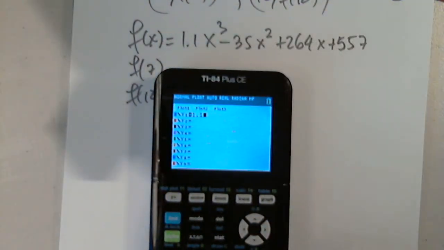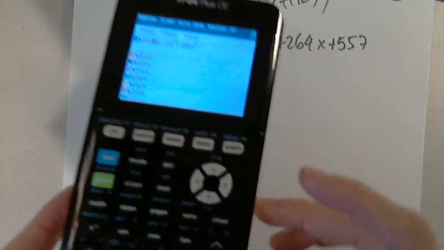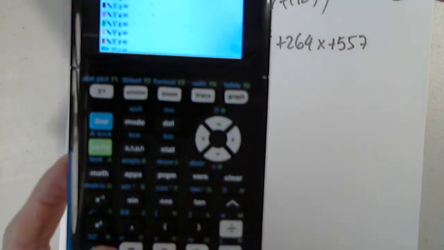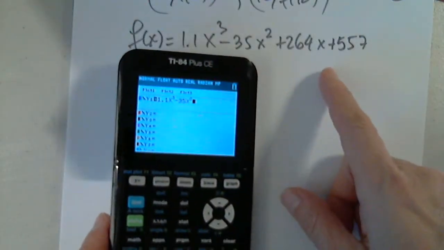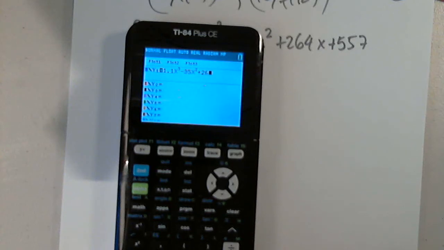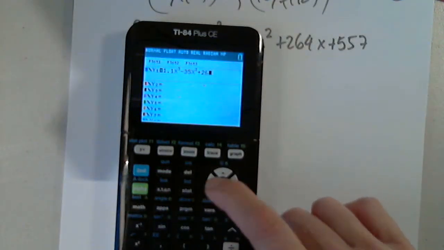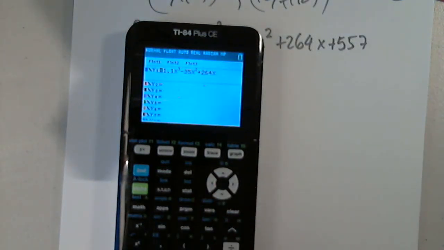So 1.1 x power 3 minus 35 x squared. For the power 3, you have to use the caret. For x squared, you don't, because it's right here. Plus 264x. Let me know if you fall behind. And plus 557. Do we all have the function in?